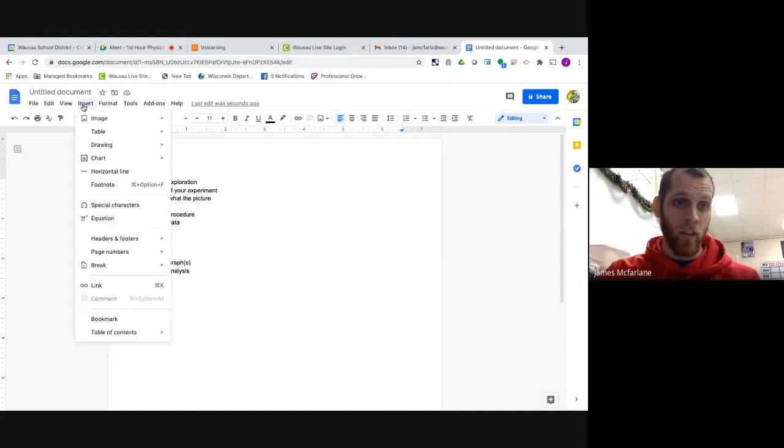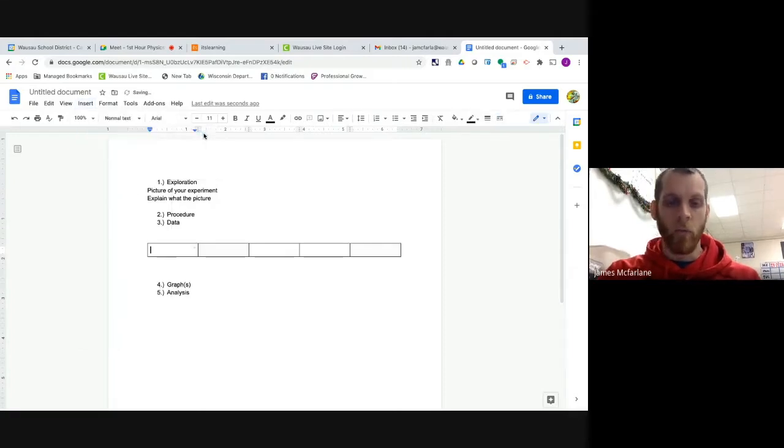So I would do an insert table here, and you're going to have multiple columns. I would say, all right, mass in kilograms. And then I'll do uncertainty. We're going to come back and do uncertainty of mass.